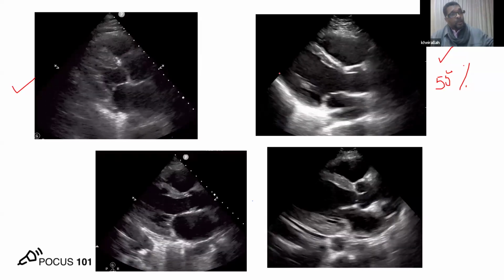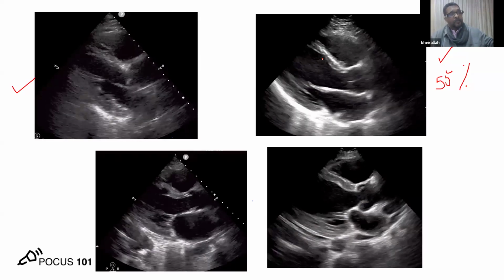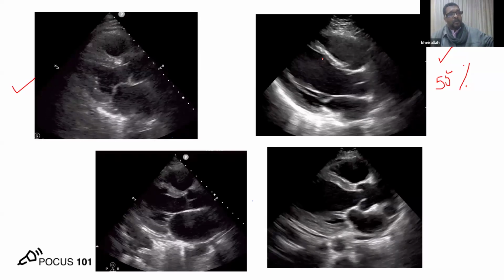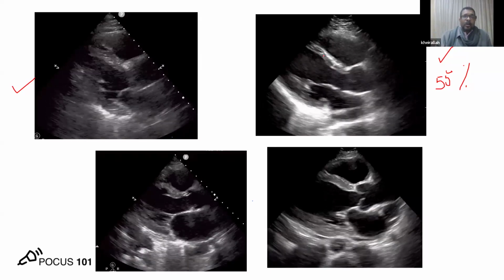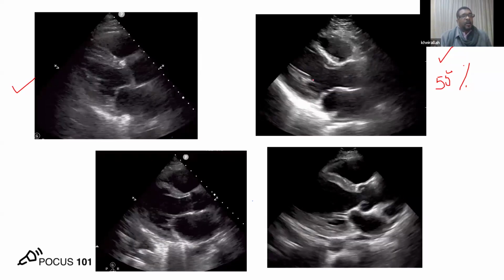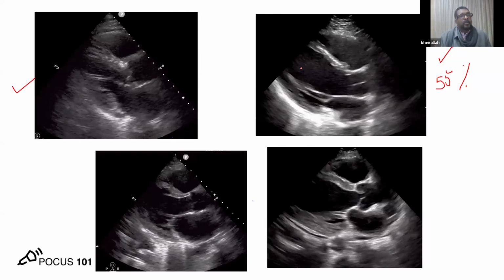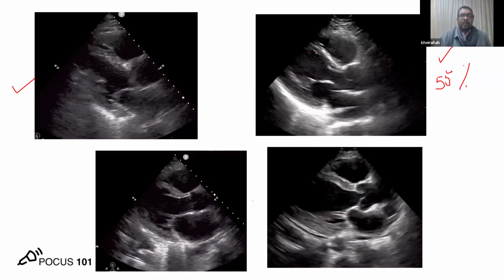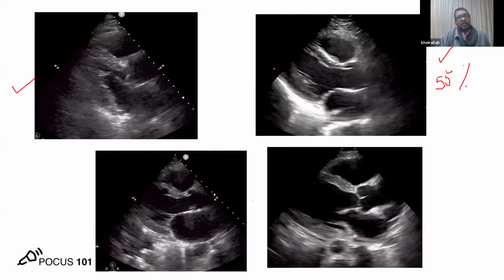Remember the regionality of LV function. Because of ischemic cardiomyopathy, you might have heterogeneous regions with different contractility. So there is no way you assess the LV function unless you analyze the entire 17 segments.